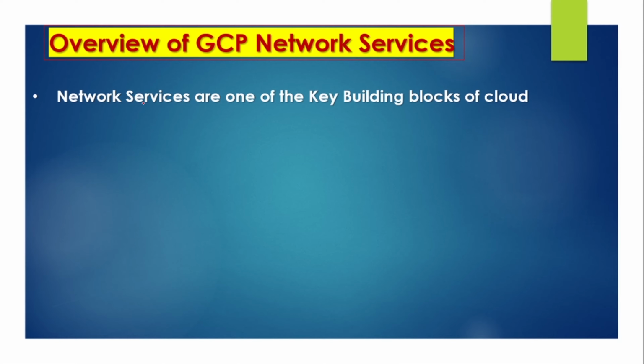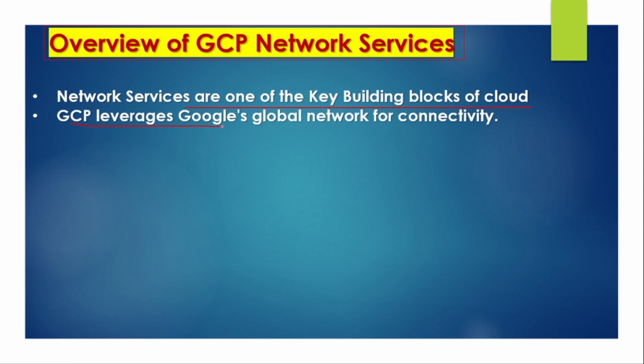So network services are one of the key building blocks of cloud. That can be any cloud, either Azure or AWS. It's the key building block of any cloud provider. So GCP leverages Google's global network for connectivity. What does that mean?